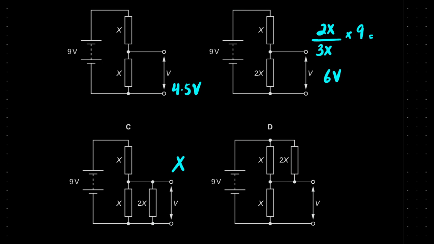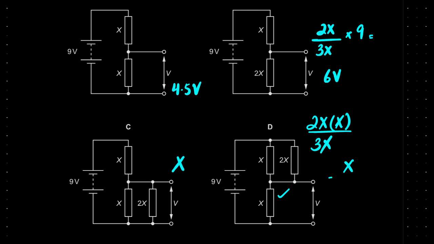And by the same reasoning, X and 2x, if you do this as well, let's think about this. So if you do 2x and x, so product over sum over 2x plus x is 3x. So this becomes 2 by 3x, right? So I'm looking at the voltage across x.